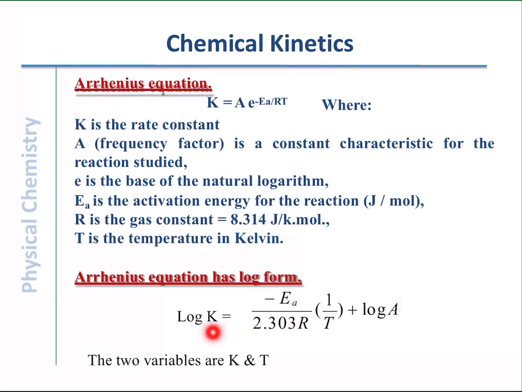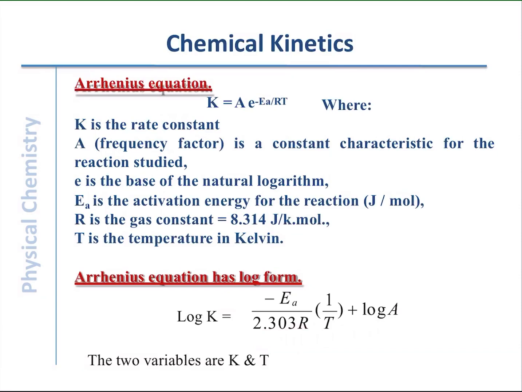Log K, which is the rate constant, Ea, which is the activation energy, R capital is the gas constant given, and temperature is the temperature in Kelvin. Log A is called the frequency factor. It's a constant characteristic for each reaction.